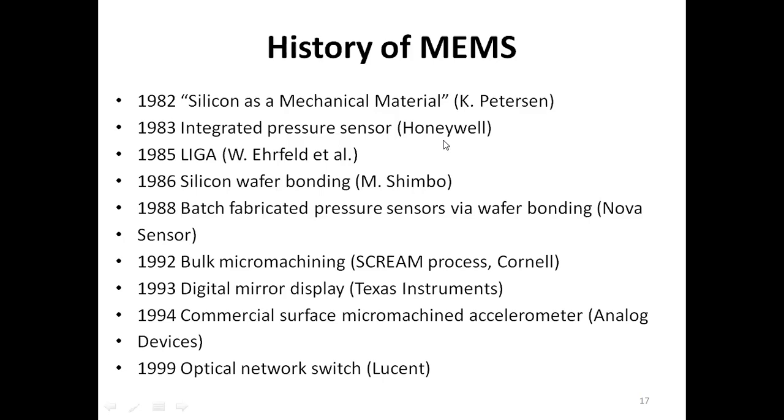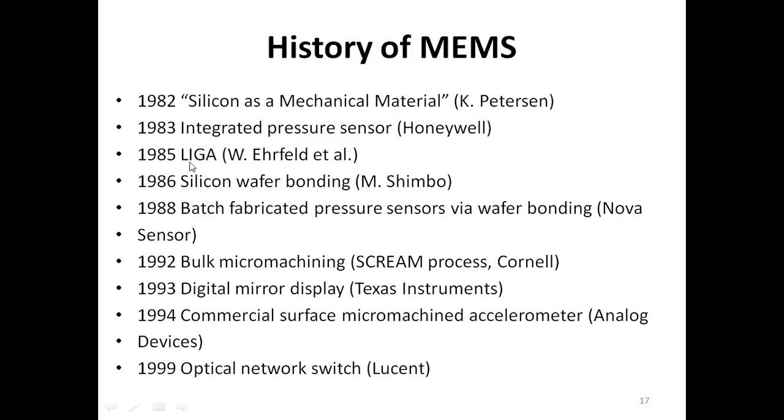Honeywell is a well-known company which produces sensors. They came up with the first integrated pressure sensor. By integrated, we mean that we have a micro sensor, and along with the micro sensor, they also fabricated the relevant electronic circuitry. So it was done way back in 1983.